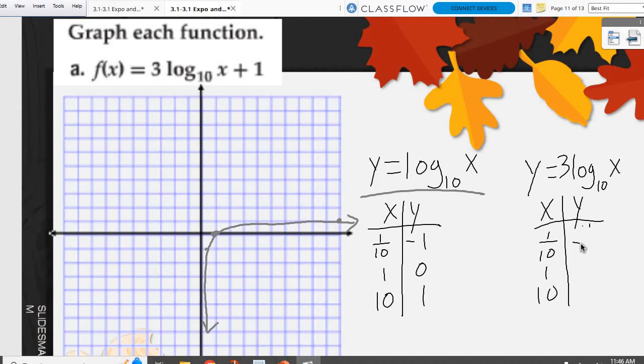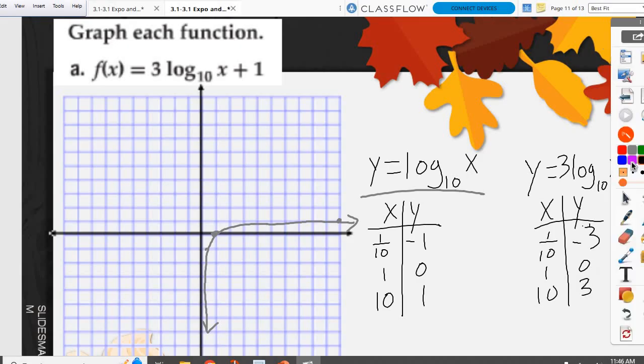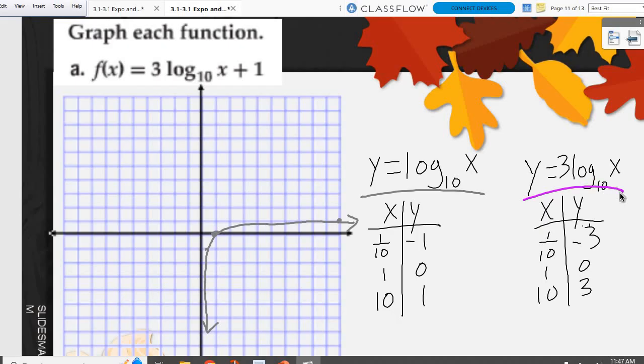But then, like this first part, my log part is still going to give me -1, 0, and 1. But then we would multiply it by 3. So we get -3, still 0, and 3. So this point doesn't change. But now this is 1, 2, 3. So it does make it a little bit bigger.